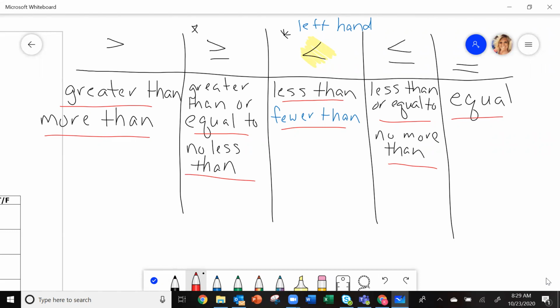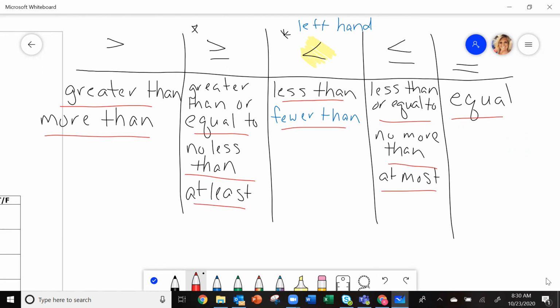We have phrases like at least. At least will be greater than or equal to. You'll see that a lot on your test. And at most is less than or equal to. Let's see.